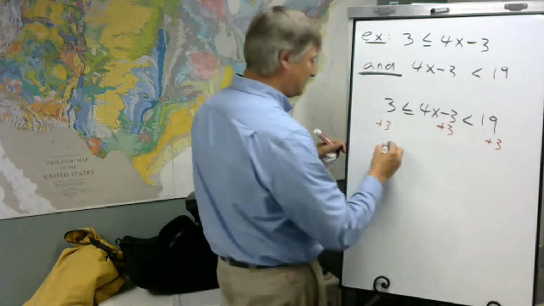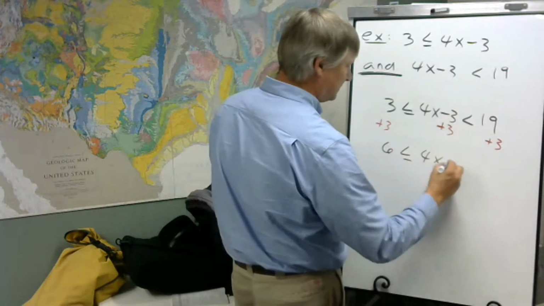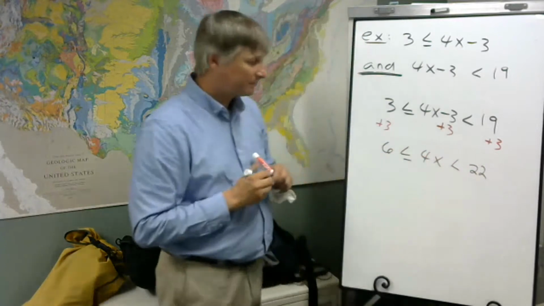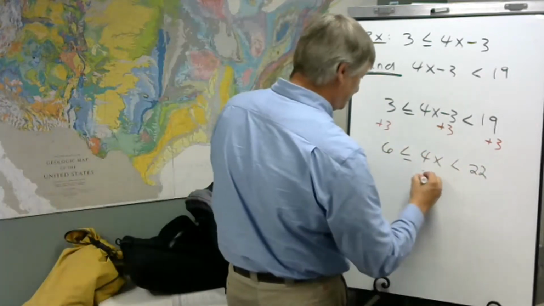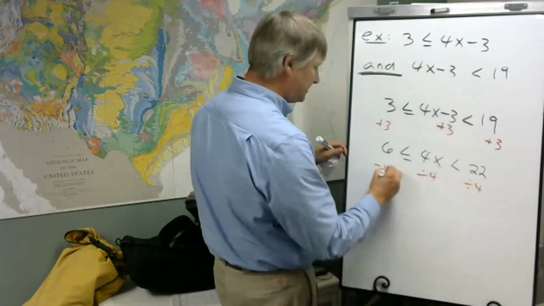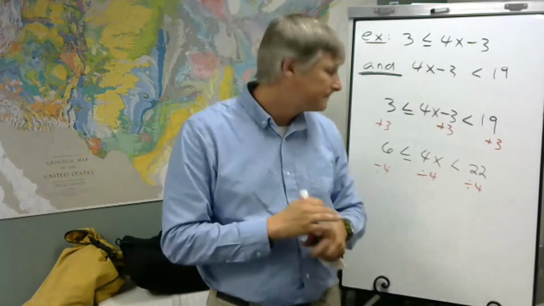And we get 6 less than or equal to 4x less than 22. Then we divide by 4. And because it's a positive 4, it doesn't switch around the inequality signs.